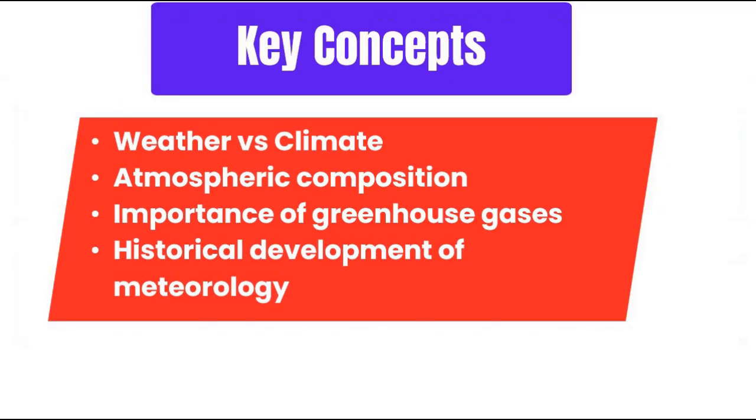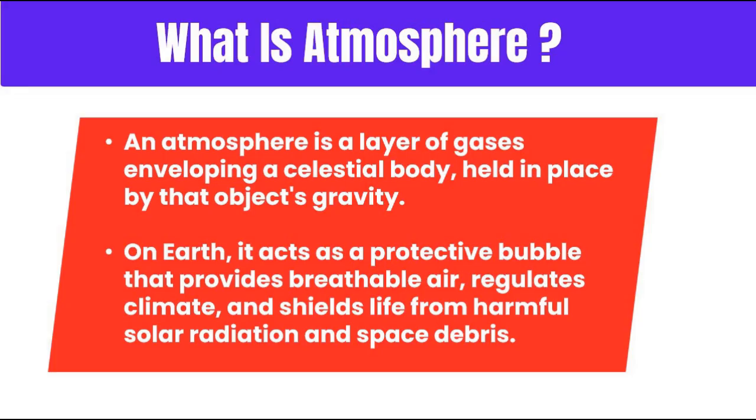So the key concepts that will be involved, which obviously will be meteorology and climatology, which involves weather and climate, the composition of the atmosphere, the importance of various atmospheric gases and greenhouse gases, and the historical development of meteorology.